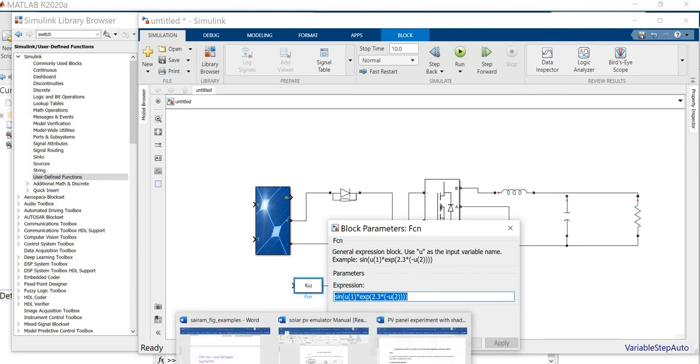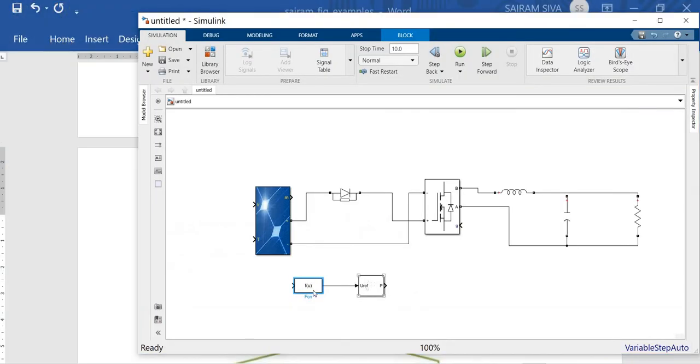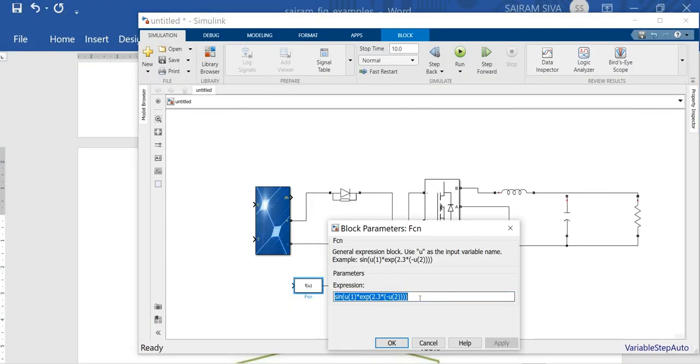So here, sin 2 pi f t is available, but this is in capital letters. So again I am going to fix it with small letters, otherwise there will be an error: sin 2 pi f, where f is the frequency and t is time, but the time is derived from the external signal, so u of 1.